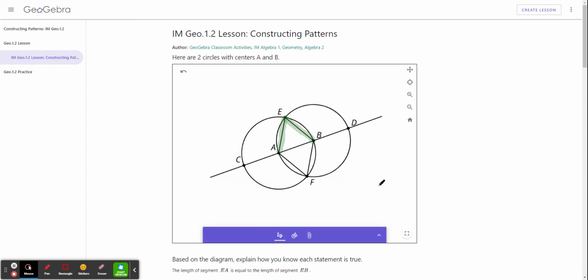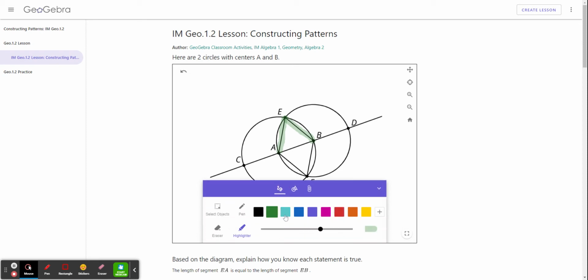All right, so it does look like these two segments are in fact the same length as each other. We know that is true for sure, right? Because we can see that the two circles have the same radius. I can tell that they have the same radius because the radius for circle A goes from the center to a point on the edge, which is B right here.